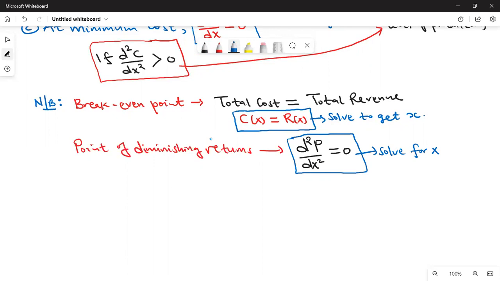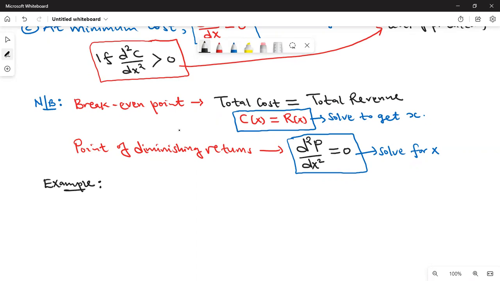So having explained all those terminologies in economics, let us look at an example of a problem in economics. So I'll write here example. I'll just summarize the question.